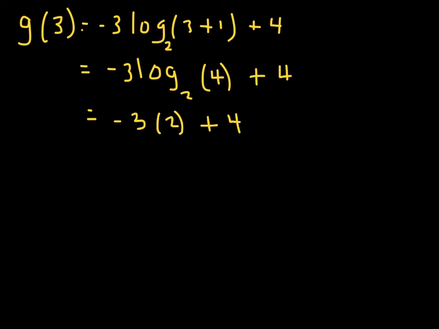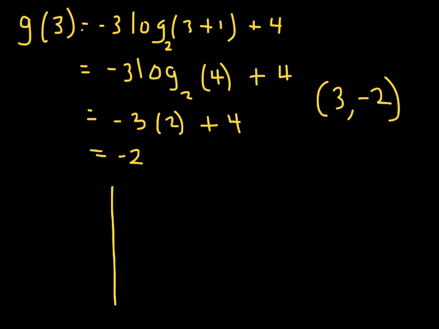That's negative 6 plus 4, which is negative 2. So then the ordered pair is 3, comma, negative 2. All right, this is really great. I'm going to take our vertical asymptote, which is x equal to negative 1, and the 2 points that we just found to graph our curve. All right, so let's do it now.